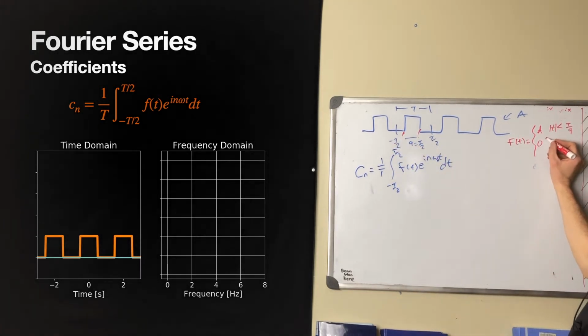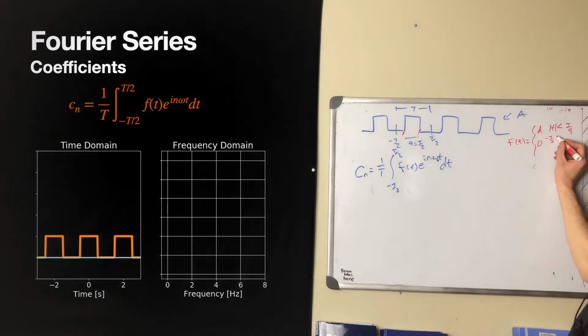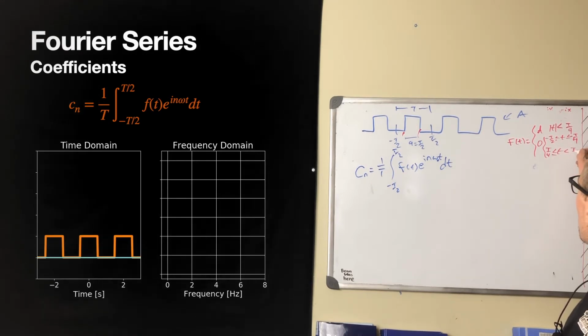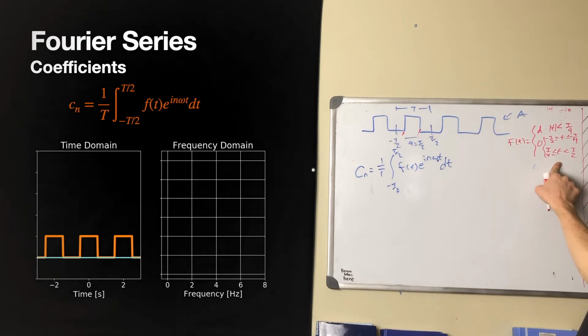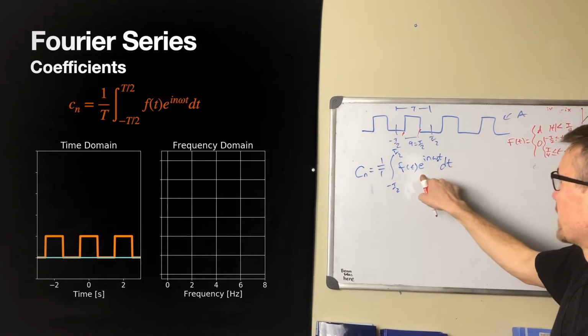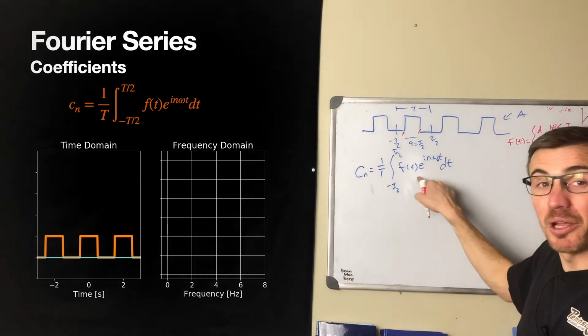So for example, if we're between negative T over 2 and negative T over 4, and T over 4 and T over 2, it's zero. Okay, this is our function. Just have to write it down somewhere. Sometimes that's the trickiest part to actually do these problems, is actually writing down what the function is. So we're going to plug that in for this thing.